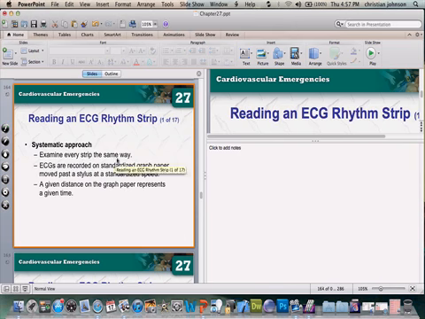Whenever you start learning how to read EKGs, or even when you become good at it, always use a systematic approach. Even seasoned paramedics get this lackadaisical attitude when they look at an EKG because they get good at them. They just glance at it and come up with a working diagnosis based on their first glance.